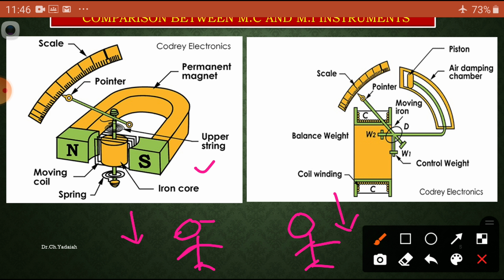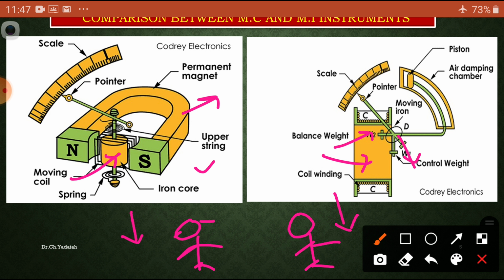Why? Because here a magnetic field is produced only in the electromagnetic coil. There is already an existing U-shaped magnetic field, so only a single magnetic field is required here. But in moving iron instruments, two magnetic fields are required. One is the magnetized coil, another is this iron piece, which at the same time also becomes a magnet.